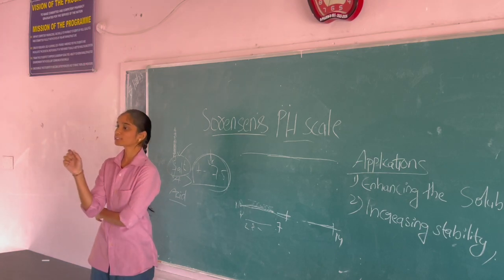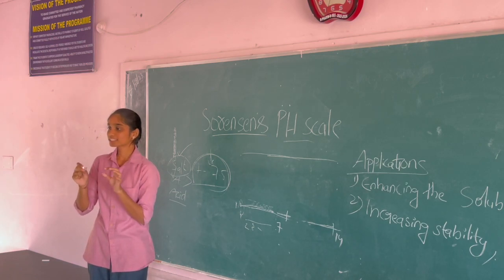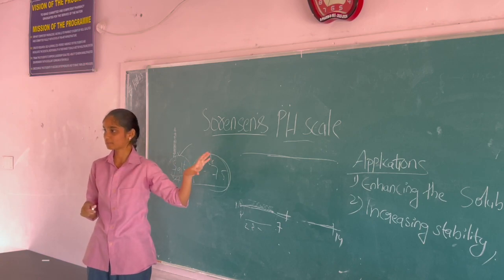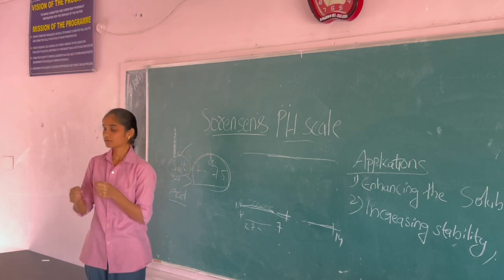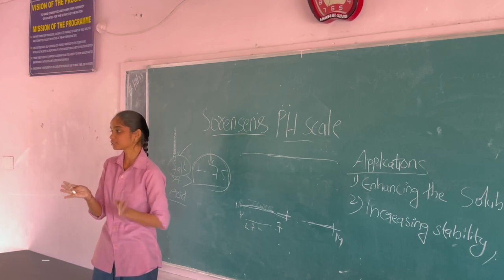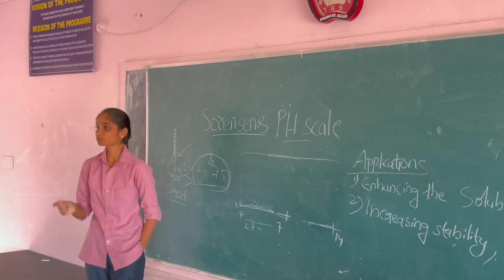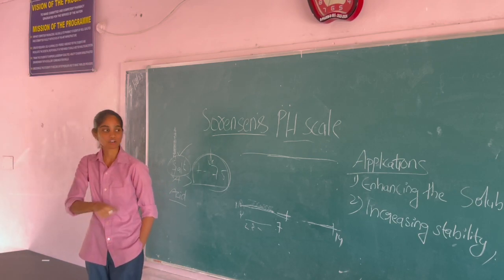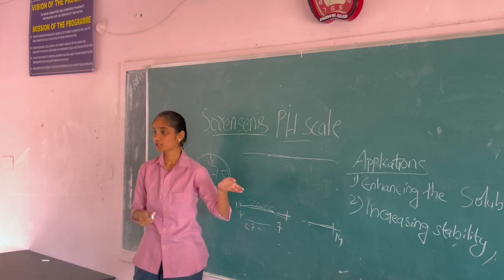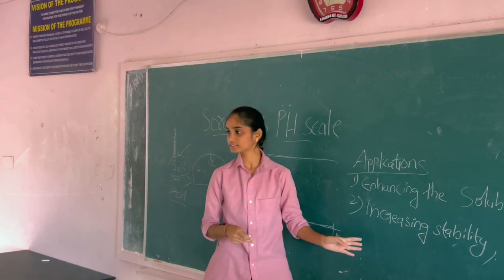For example, if I prepare a tablet which is not in stable form, before I administer it, it may deteriorate or break because it is not stable. To maintain the stability of the drug we can also maintain the optimum pH. This is how pH also causes an increase in stability.